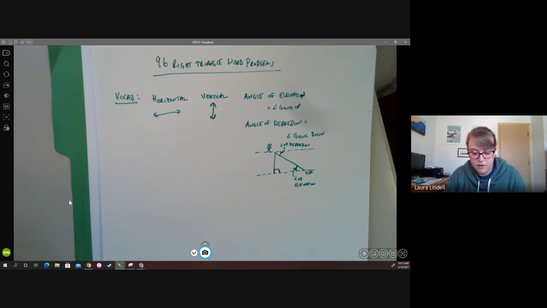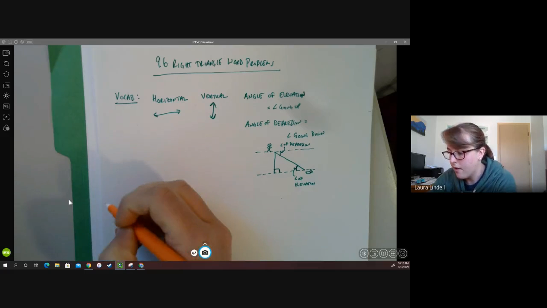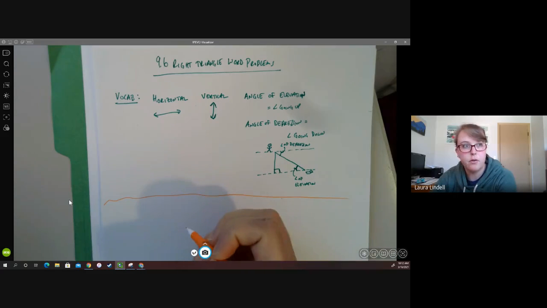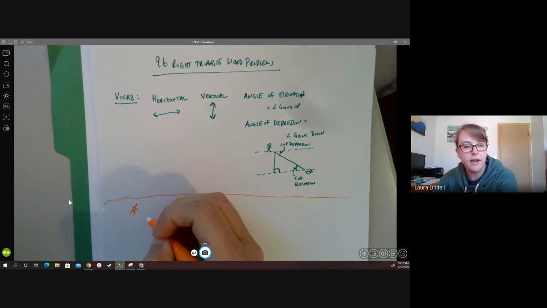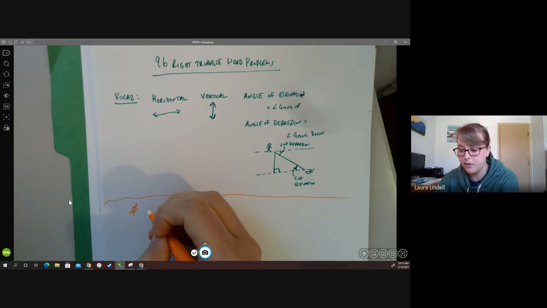Then most of the trick here is making sure we draw a good picture of what's going on. Sometimes the problem will come with a picture drawn for you, and sometimes you will be responsible for drawing the picture. Whatever happens, the first step of any right triangle word problem is to make sure that there is a right triangle in the picture.